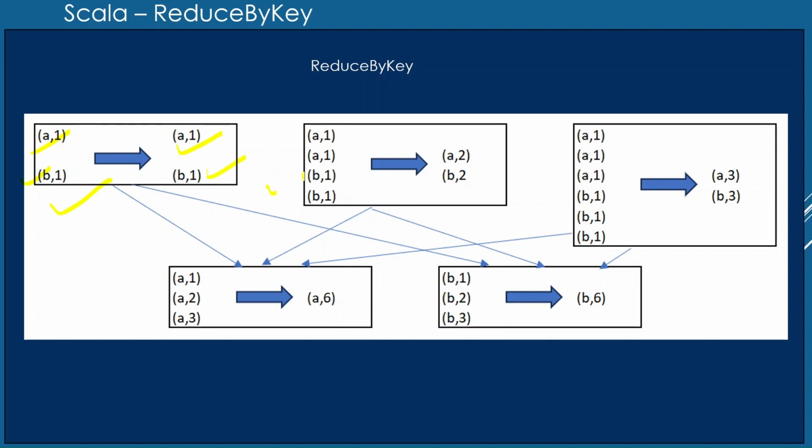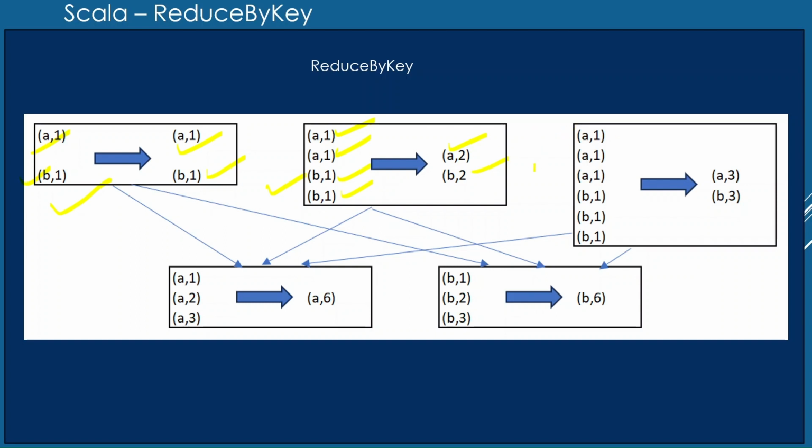Now suppose this is another partition present in a different executor. Here we can see there are two values of key A and two values of key B. It reduces in the same partition and becomes A equal to 2 and B equal to 2, because we are doing the sum aggregation.